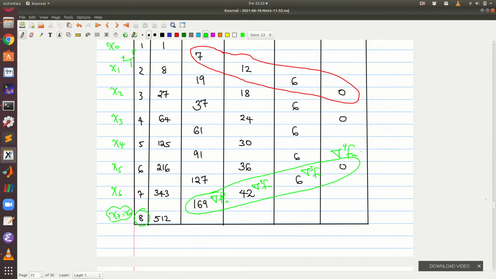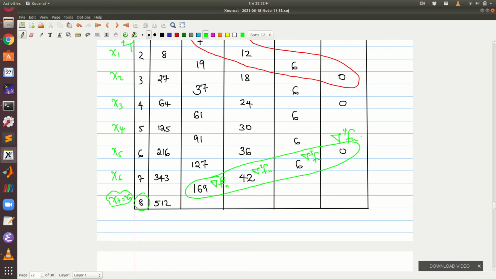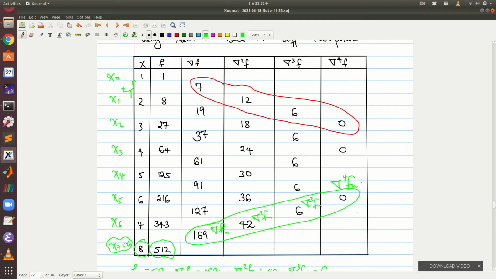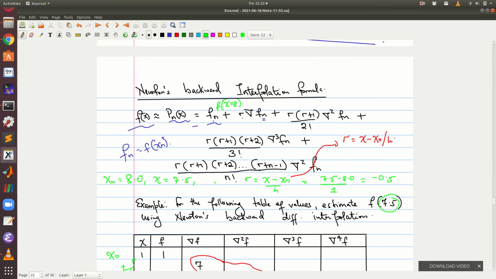Yes, this is 512 here. So f of n is 512. Then the first backward difference is 169. The second backward difference is 42. The third backward difference is 6. We don't need the fourth because it is 0. Everything will go to 0.